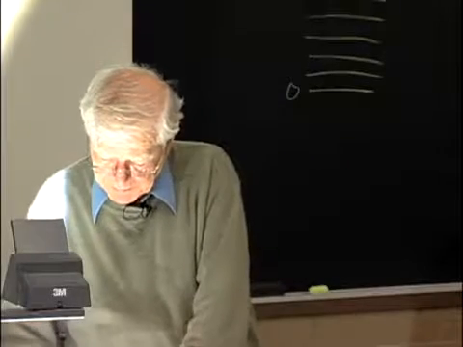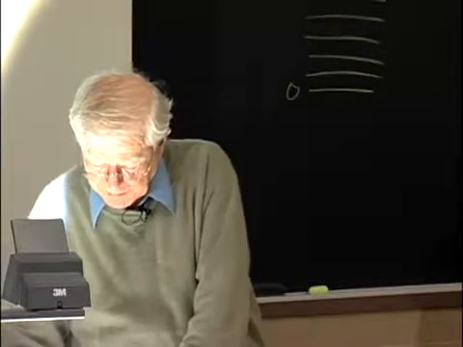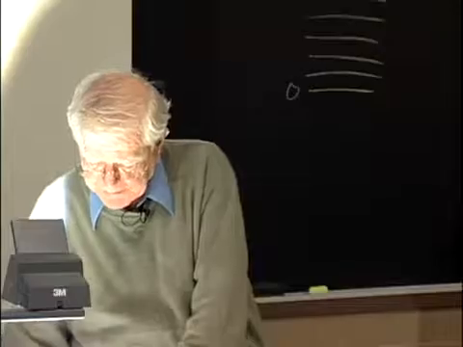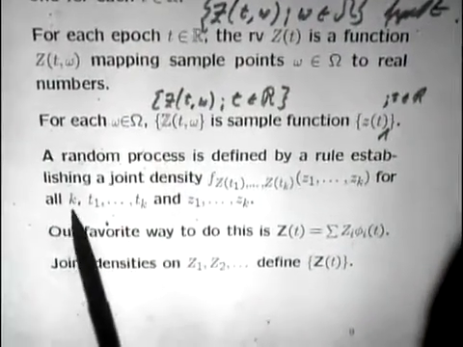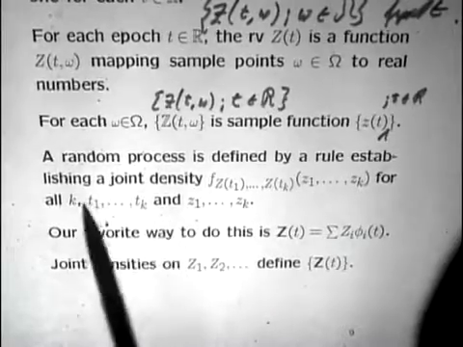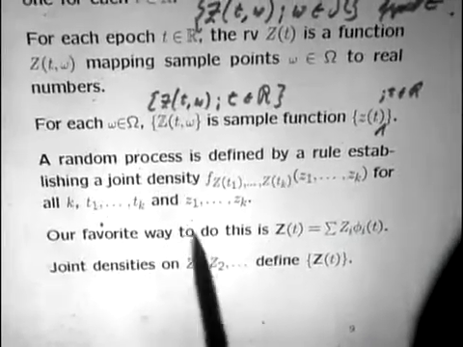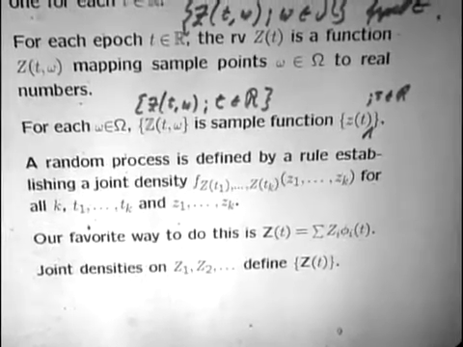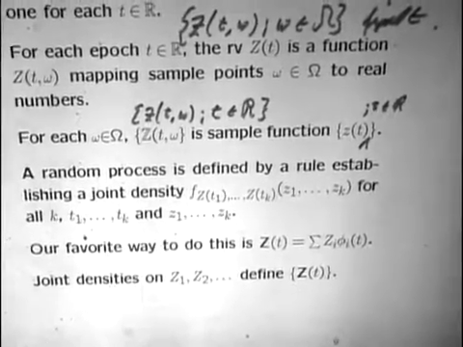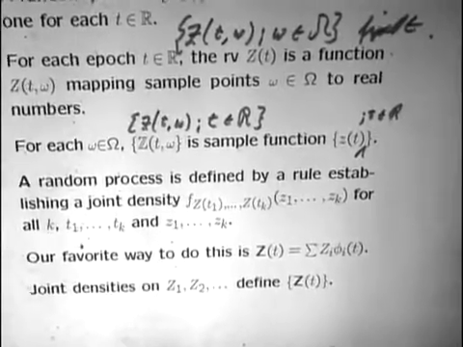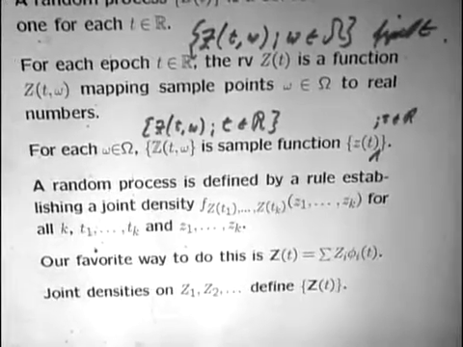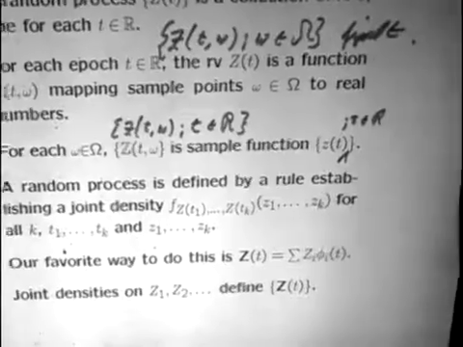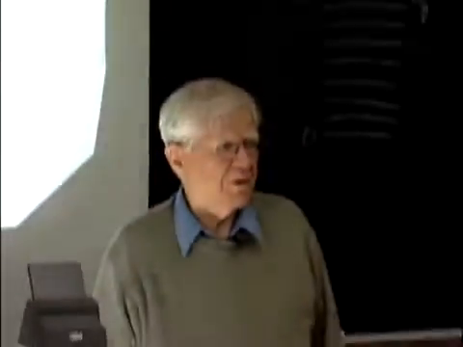Okay, so a random process is defined then by some rule which establishes a joint density for all finite values of k, all particular sets of time, and all particular arguments here. What am I trying to do here? I'm trying to admit right from the outset that if I try to define this process for an uncountably infinite number of times, I'm going to be dead in the water.